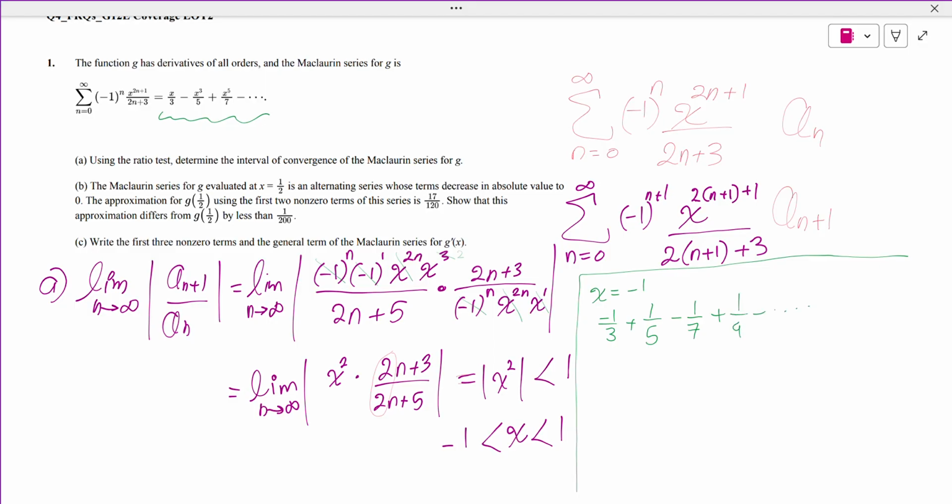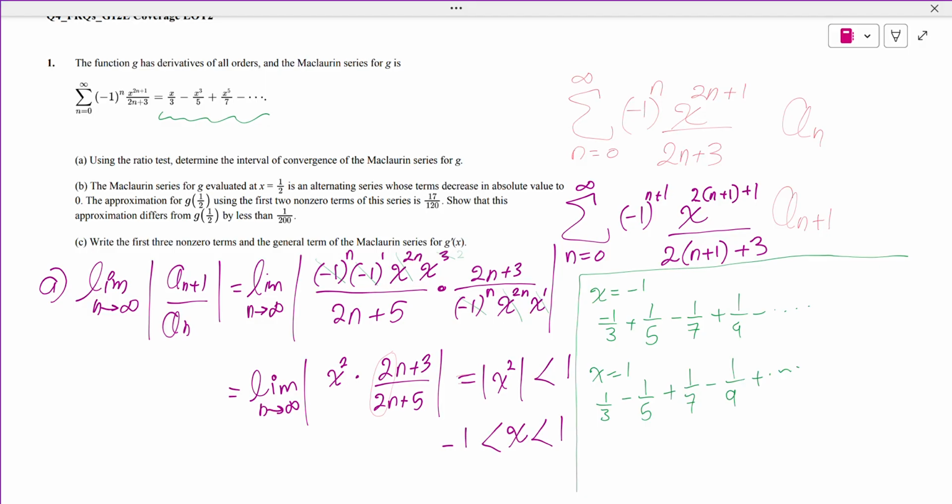So if you plug in x equals 1, what's going to happen? 1/3 minus 1/5 plus 1/7 minus 1/9. And both series are alternating series, and they are decreasing. If we take their absolute value, they are decreasing, okay? And the limit of the terms as n approaches infinity will be 0.